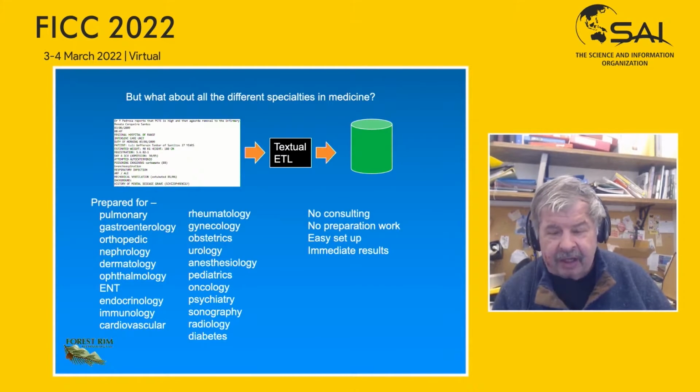There's nephrology, there's cardiovascular, there's all sorts of medical technologies. So, if you're going to be reading medical records, you need to be able to handle all of the specialties that there are in medicine.